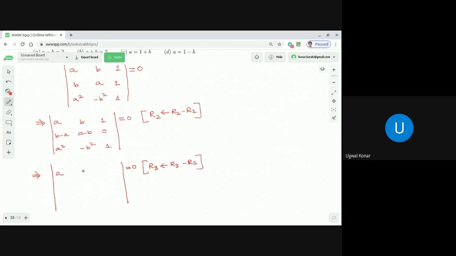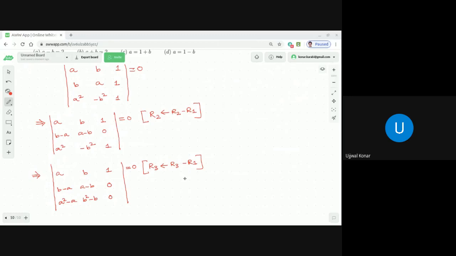That is a, b, 1, b minus a, a minus b, 0. Sorry, this will get changed, my mistake. R3 will get changed. R3 will be what? It will be a square minus a, b square minus b, and then 1 minus 1 is 0.